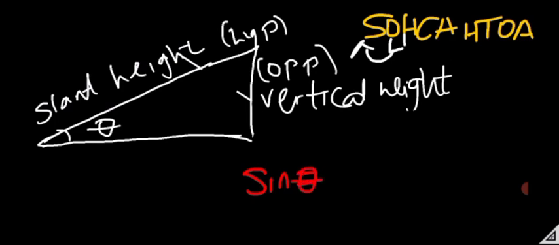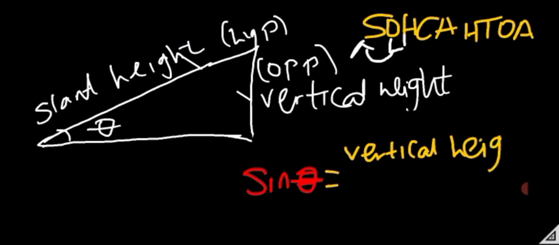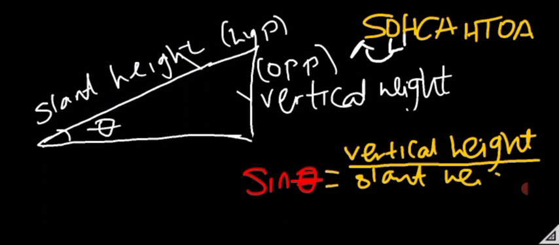We can say that sine theta is equal to opposite, right? And opposite is vertical height all over hypotenuse, which is slant height.